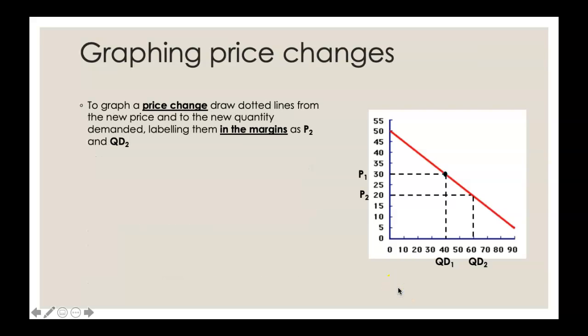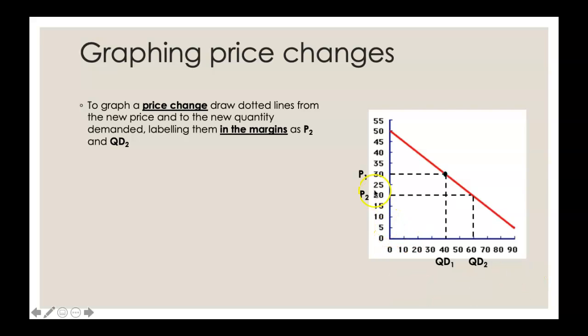Notate it this way. Now, to graph a price change, draw dotted lines from the new price and from the new quantity demanded, and label them in the margins as P2 and QD2. So let's say now the price has changed to $20, which makes quantity demanded shift to 60 units.